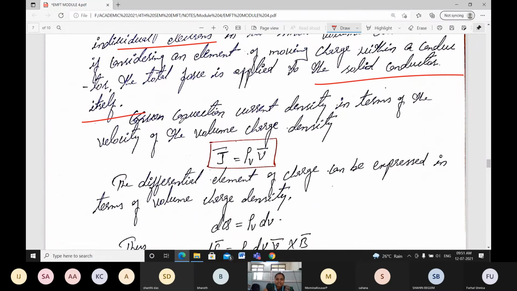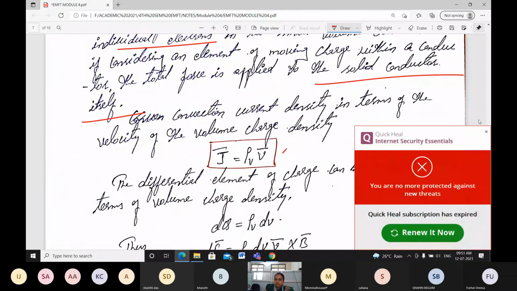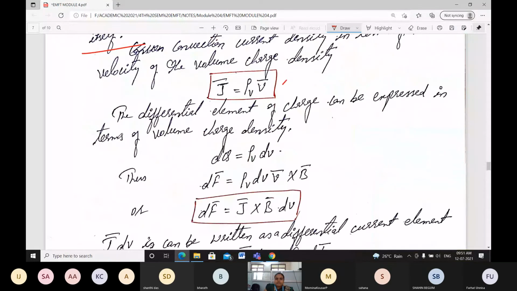Then, considering convection current density in terms of the velocity of a volume charge density, I can write the equation as current density J equals rho v into velocity. This equation we know. Then the differential element of the charge can be written as dq equals rho v into dv.